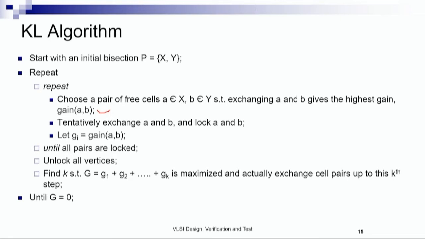So in this pass, we will do actual exchanges up to the kth step and then repeat this in the next loop. In the next loop, we will again find a pair of vertices starting from those which provide the highest gain, and go on doing this until we have a pass when we do not have any gain at all.